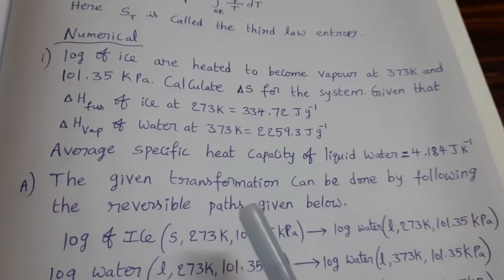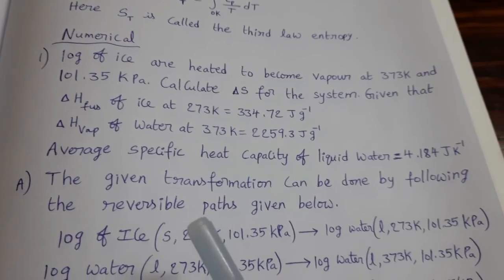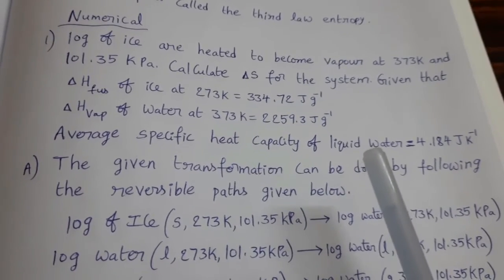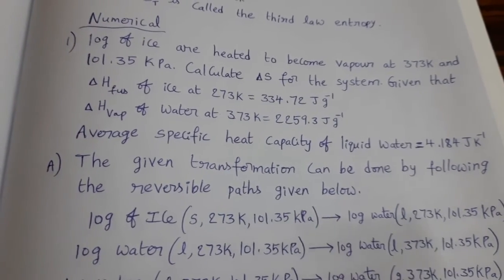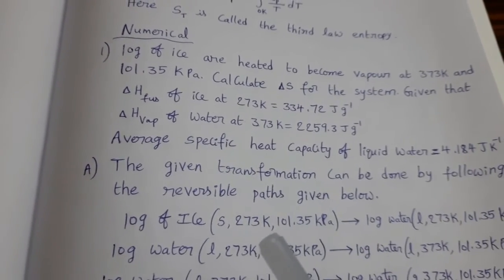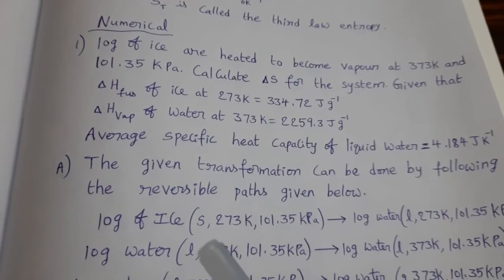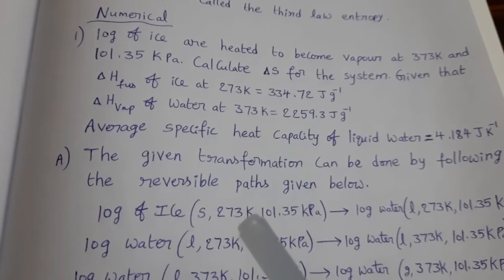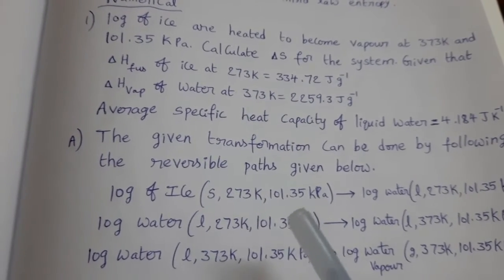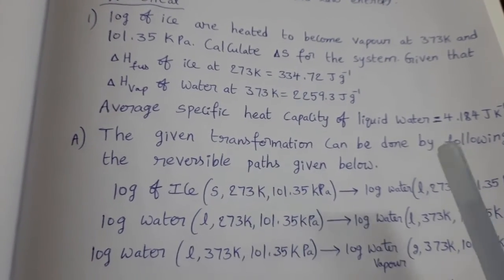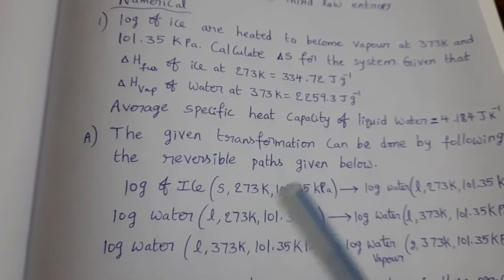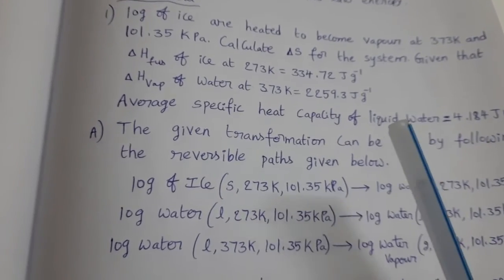In the second step, 10 gram of water at 273 Kelvin is changed to 10 gram of water at 373 Kelvin. So in the second step, the physical state of the substance remains the same, but the temperature is different. In the third step, 10 grams of water at 373 Kelvin changed to 10 grams of water vapor. Here the physical state is changed, but the temperature remains the same.